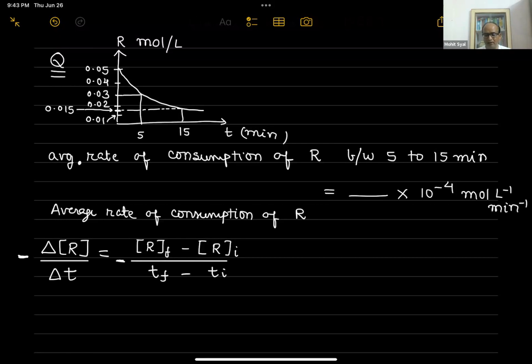Put a minus sign so that you get the positive answer. Otherwise, you are going to get a negative answer. Rates can't be negative. They can be zero, and when they are zero, the reaction stops. Is it clear? Yes, sir.